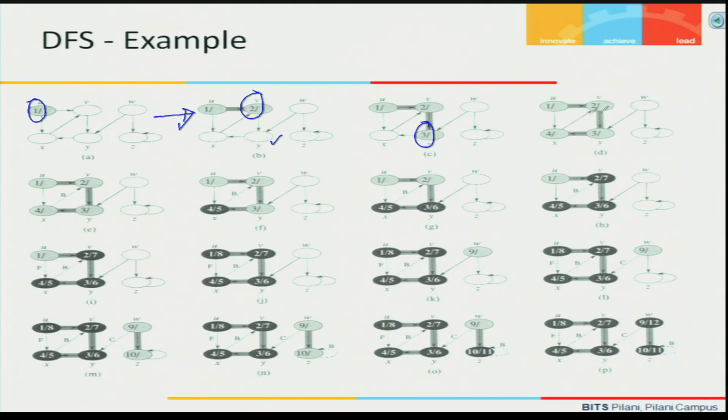Now, as we go from here to here, we see that all the vertices which are adjacent to this are already visited. So, we color it black and update the final time.